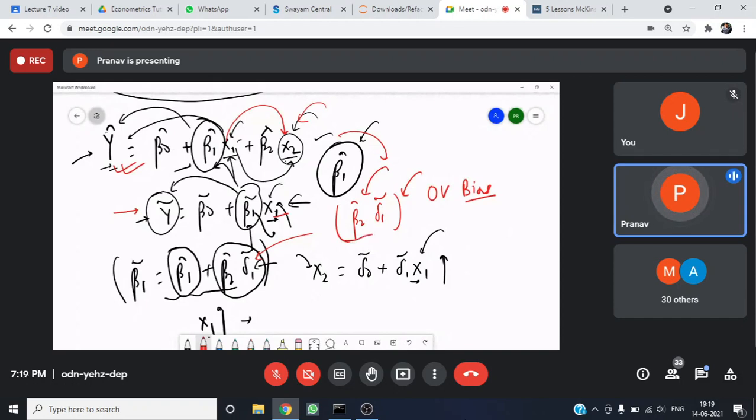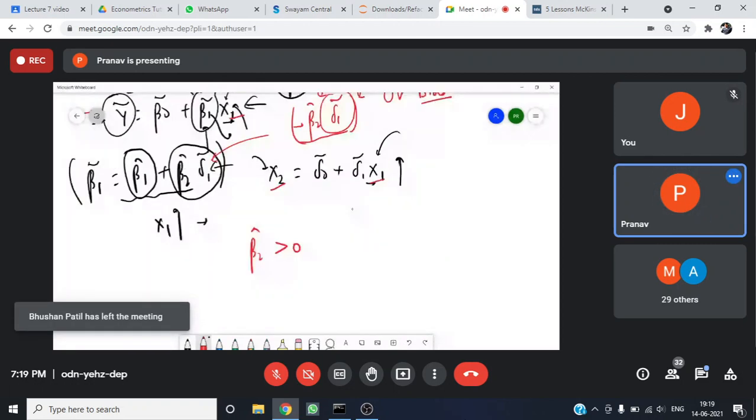This delta is the correlation with the explanatory variable in the model. So the omitted variable bias will depend on delta 1 tilde. My beta 2 hat can be either greater than 0 or less than 0. Similarly, the correlation between x1 and x2 can be greater than 0 or less than 0.